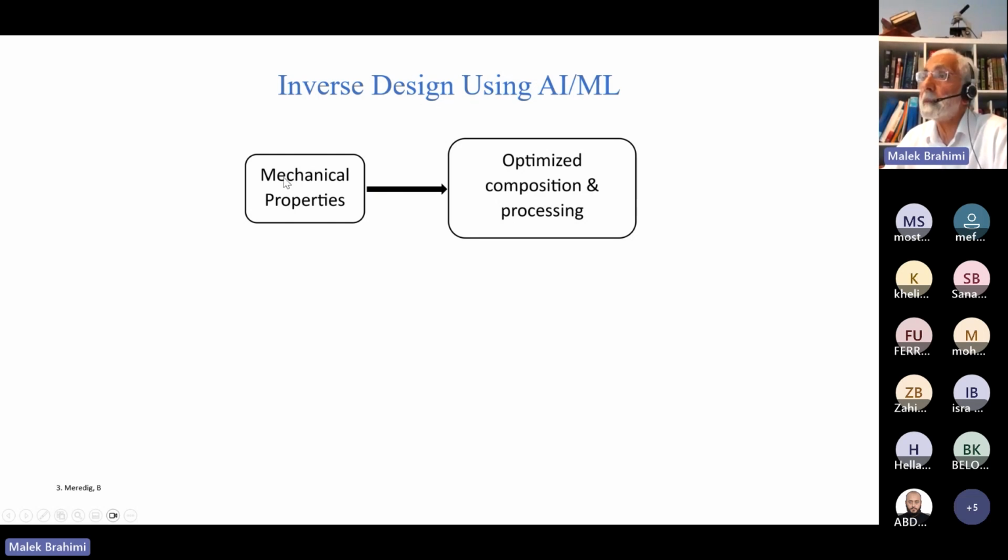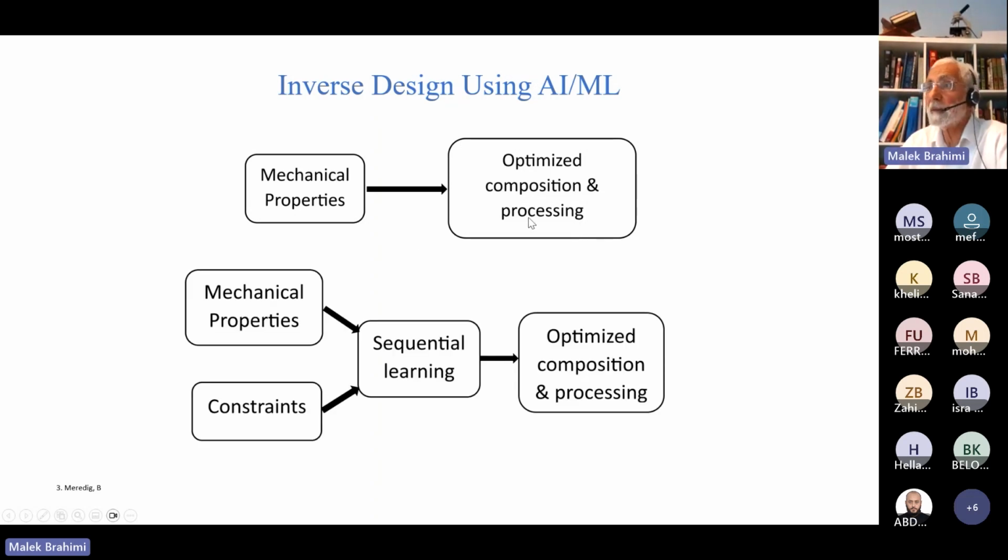You have the mechanical properties, and I would like to find the composition and the processing that I need to make this material. You choose the properties that are suitable for your design, and then it gives you the optimized composition and processing. How to do that? By the following.